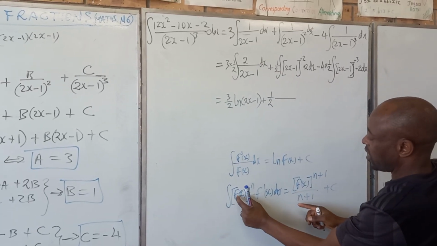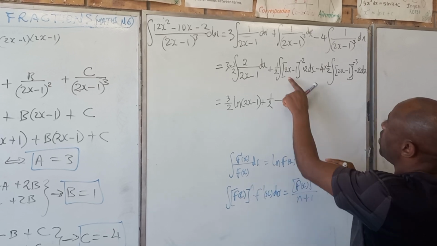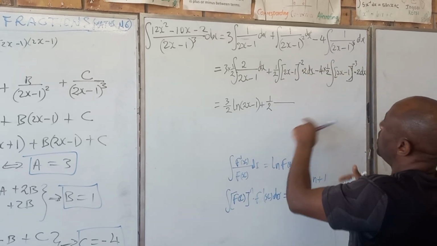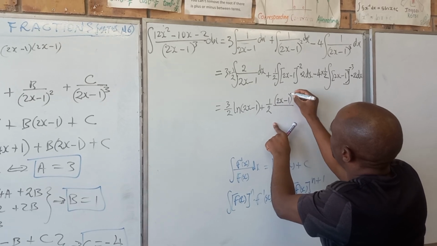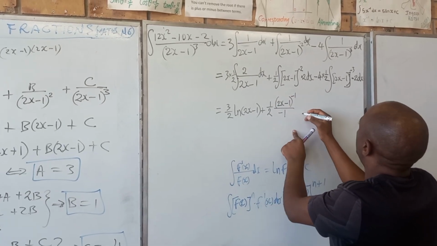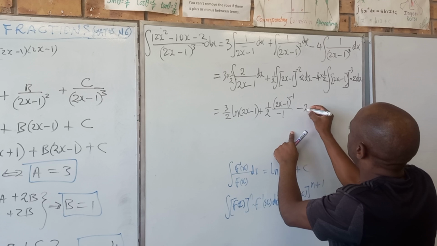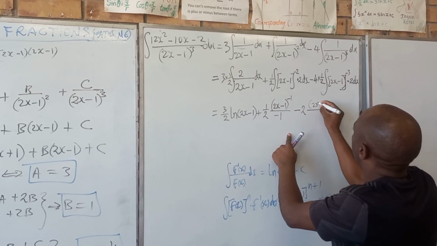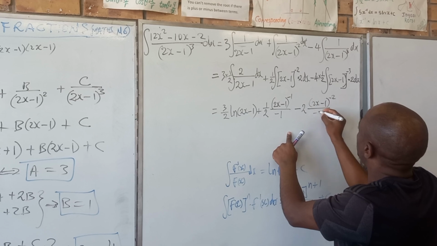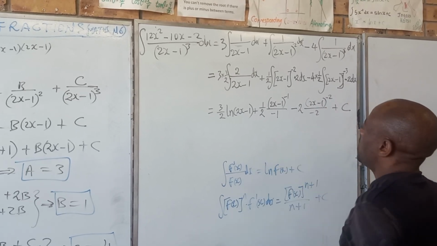I just need to make sure that f of x, the power increases by 1. My f of x is 2x minus 1. If you add 1 to it, I'll get 2x minus 1 to the power negative 1 divided by negative 1. Then for this side, I get negative 2. I do the same thing. The power will increase by 1. 2x minus 1 to the power negative 2 divided by negative 2 plus c.